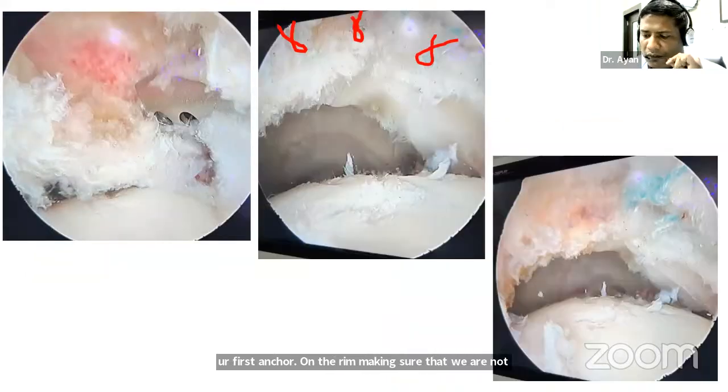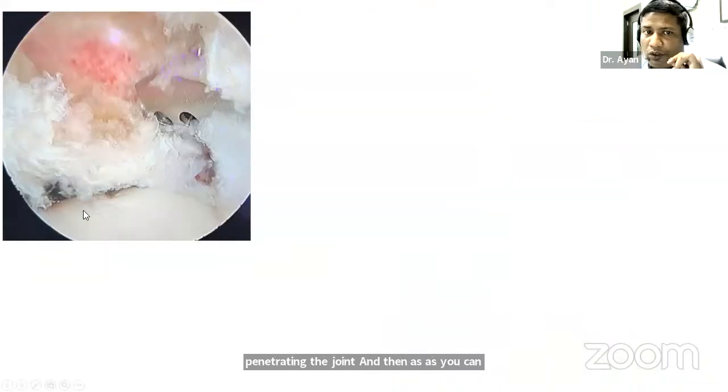Seeing from this side, we are unable to see inside the joint, because this whole labrum is covering that entrance like a veil. It's like a draping sheet, which is not giving us a visualization of the inside of the joint.